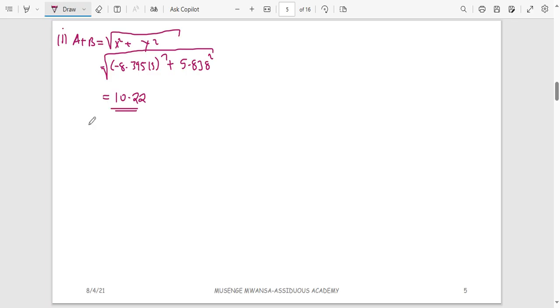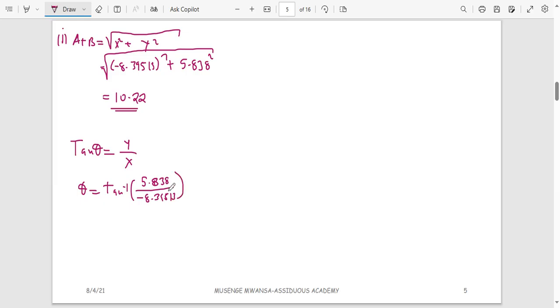We also need to find the direction. Remember the direction is given by tan theta equals y over x. So theta is going to be tan inverse of y over x. The y value is 5.838. The x value is negative 8.39513.